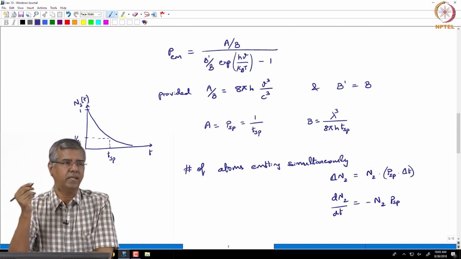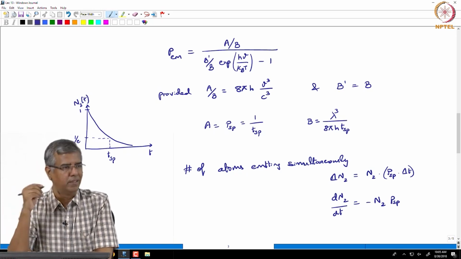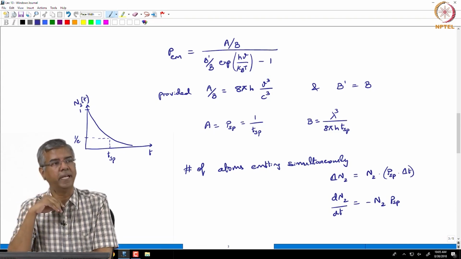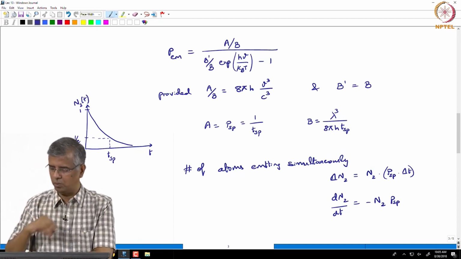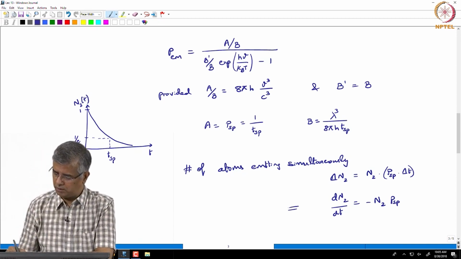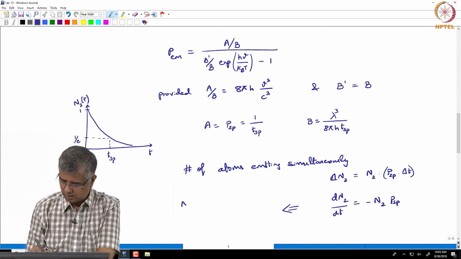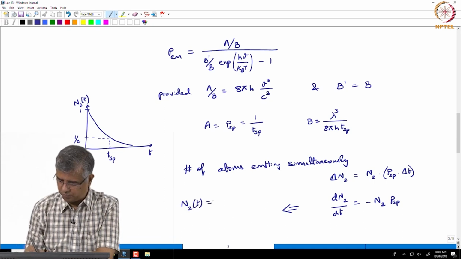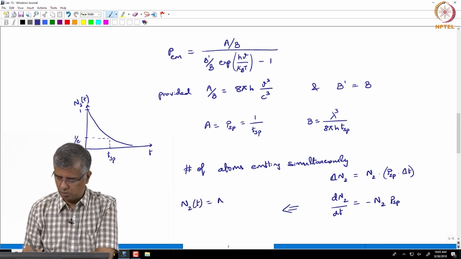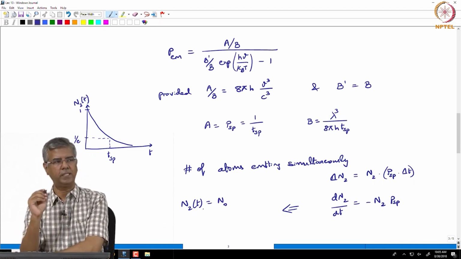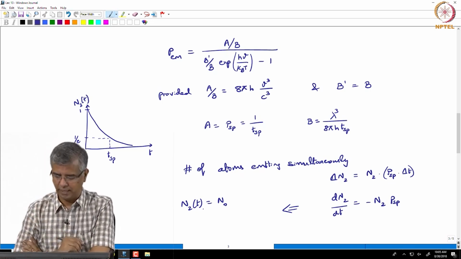Because it is decreasing, right. It is obviously when you are emitting these photons in a spontaneous manner, you are actually depleting that population in that excited state. So, this would essentially provide a solution which is given by n2 of t equals n naught, or whatever was the population at time equal to 0.